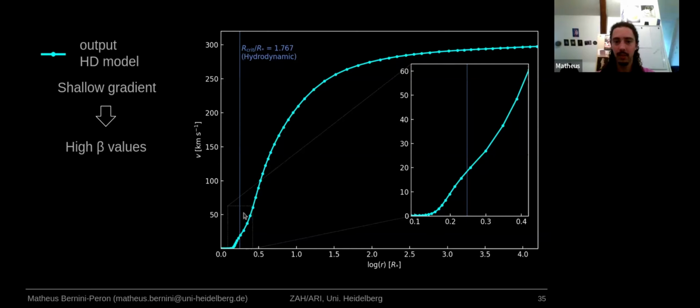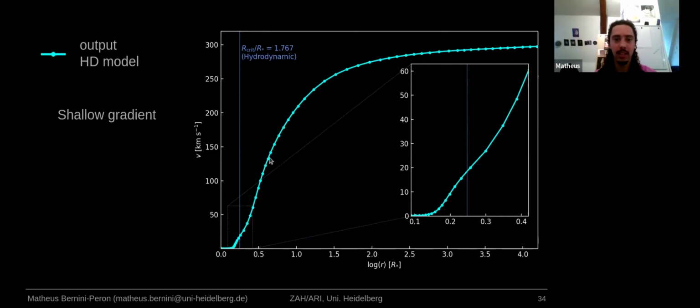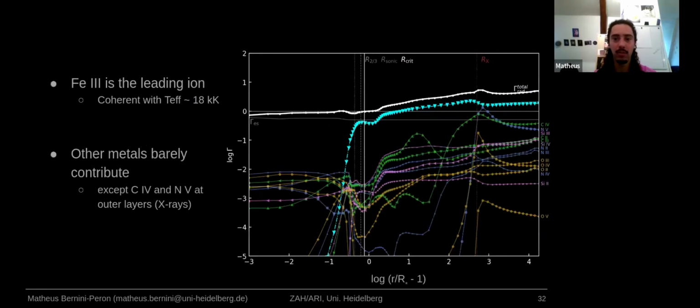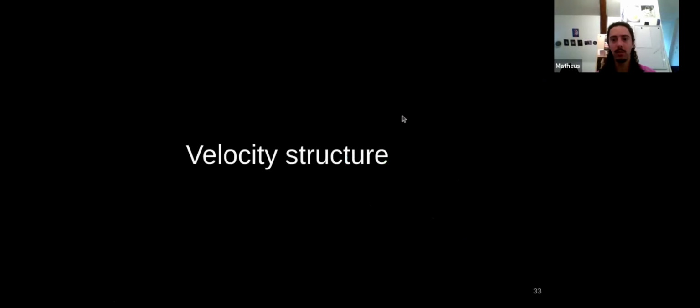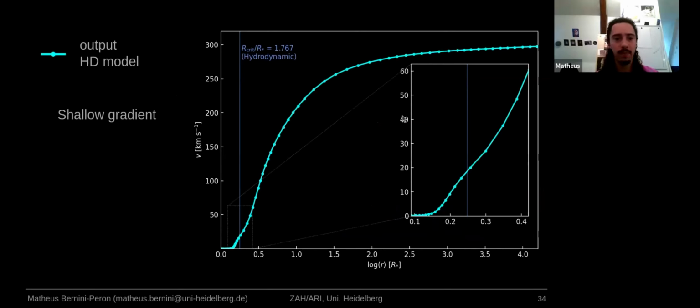The gradient of this curve, the slope, is not big, so the wind does not accelerate fast. As we have seen, it stays close to gravity for a big part of the wind. So it's a wind that accelerates really slowly.